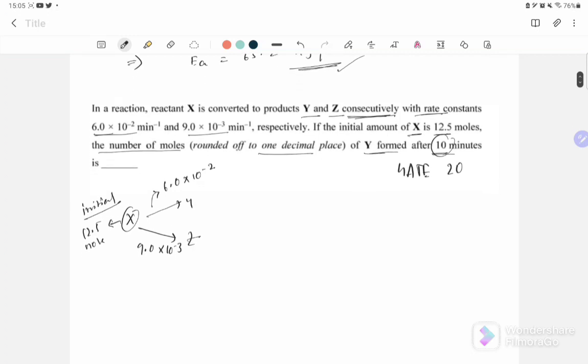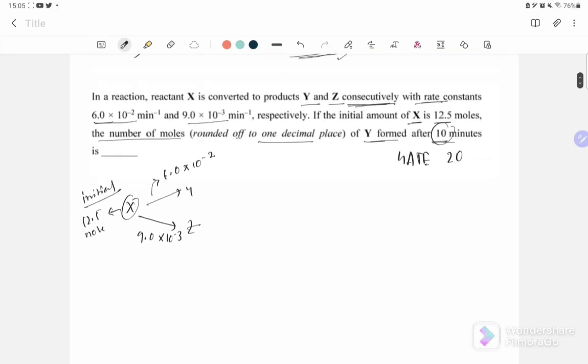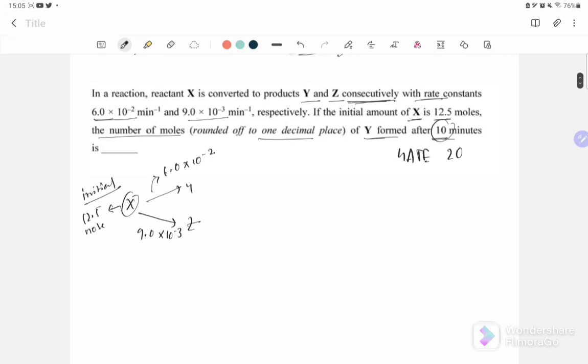So what is our equation for a parallel reaction? For a parallel reaction we know this one is K1 and this will be K2.